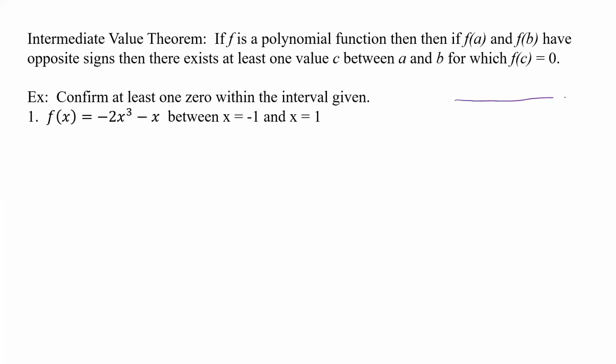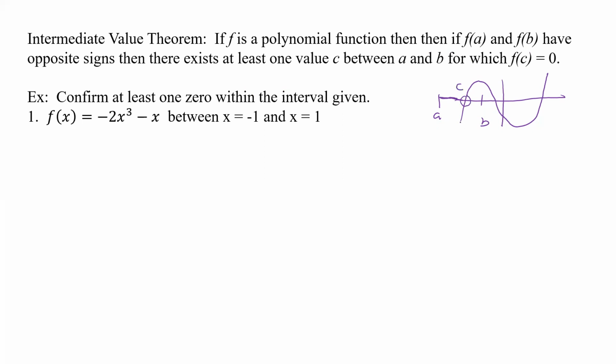So if we think about that, what does that mean? So, we're going to have some, I don't know, function that looks like that. And say we have a is here, b is here. And we have to think, does there exist some c, in this case, it's going to be right there, where they have opposite signs?